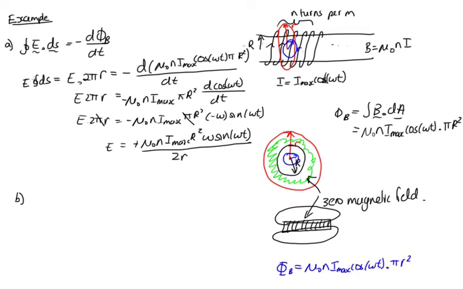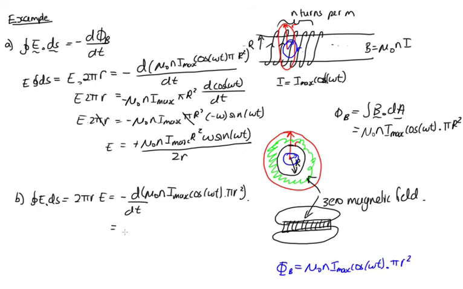So we can use this same reasoning exactly for the left hand side. So we've got the integral of E dot ds is equal to 2 pi r E, and that's going to be equal to minus d dt of phi B, which is mu naught n I max cos omega t times pi r squared.